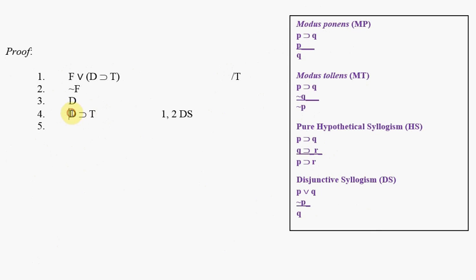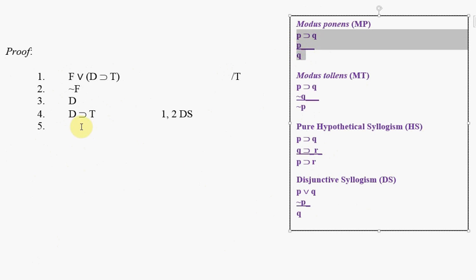We have D as the antecedent, right? And oh, look, notice we have D here. Okay, well, that looks like modus ponens, doesn't it? If P, then Q, P, therefore Q, right? That's modus ponens over here on the top right.